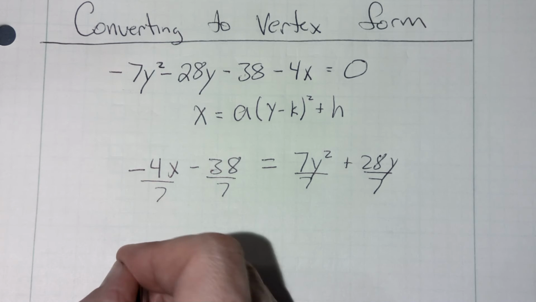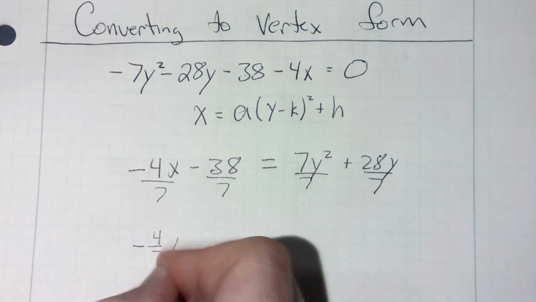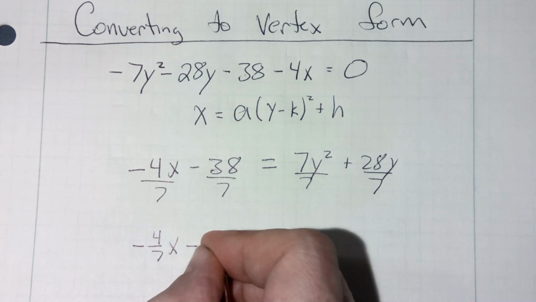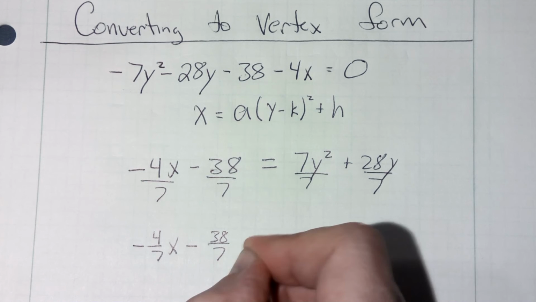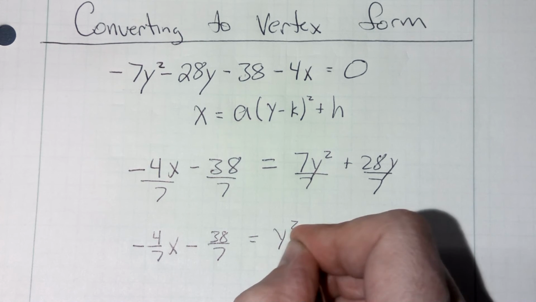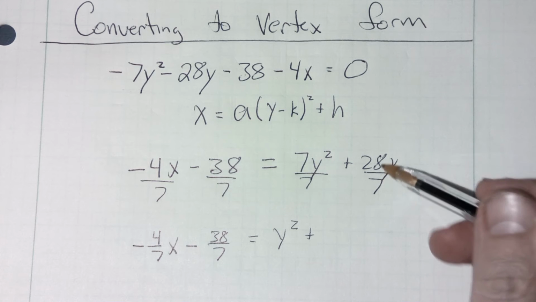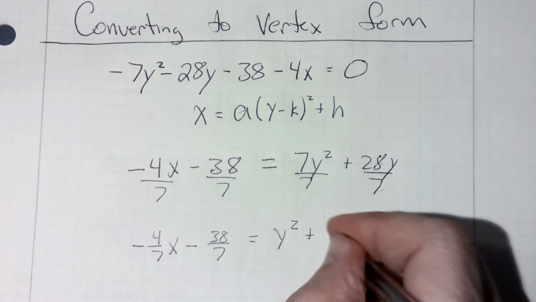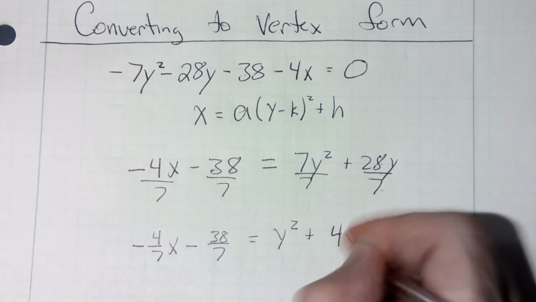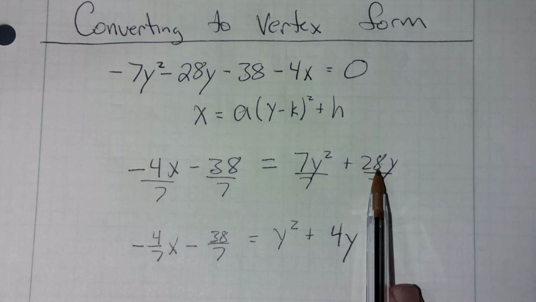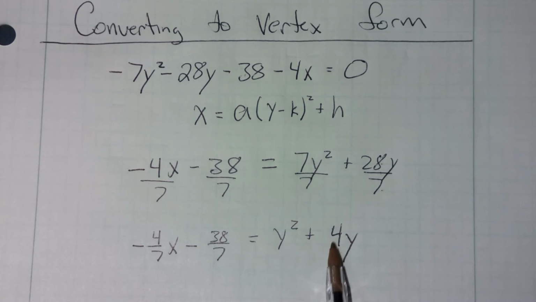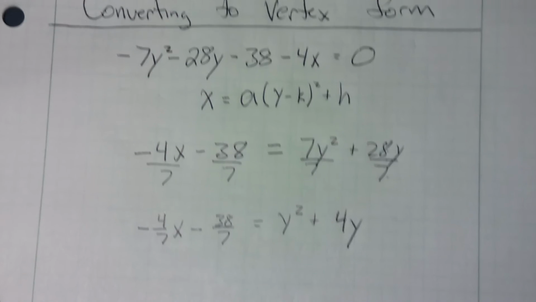That gives me negative 4/7 x minus 38/7 equals y squared plus, we're really lucky with this one, 28 is divisible by 7, so it's going to be 4y. If 28 wasn't divisible by 7, this would be a fraction, and that's perfectly fine. But it happened to be 4, which is nice.